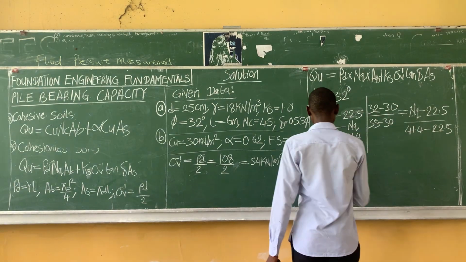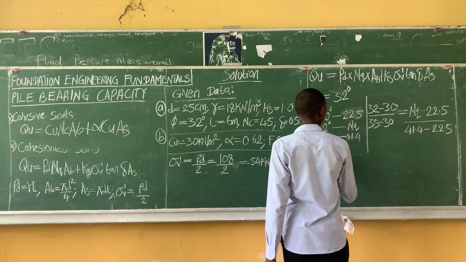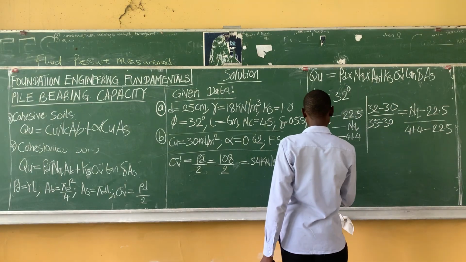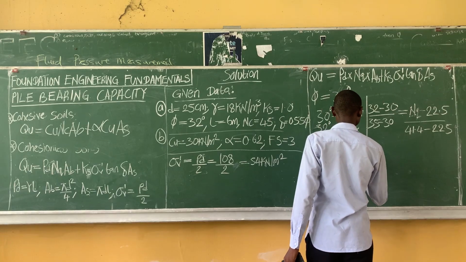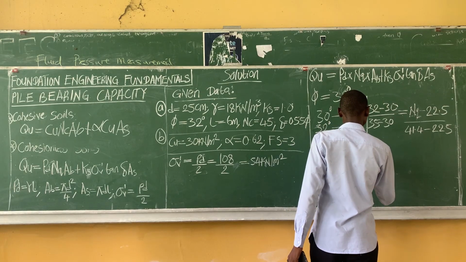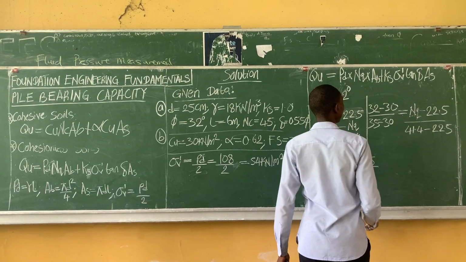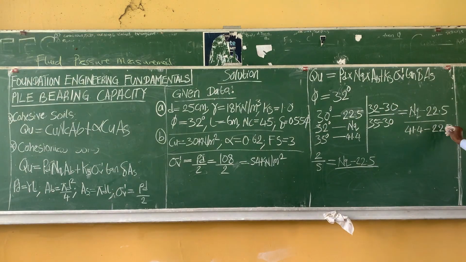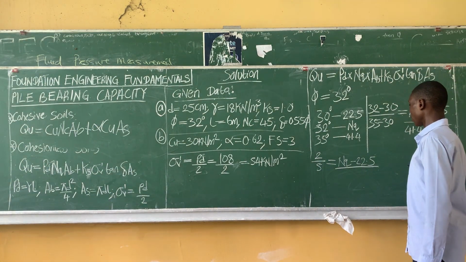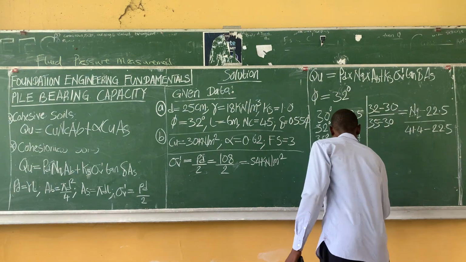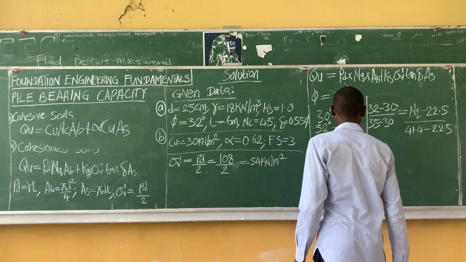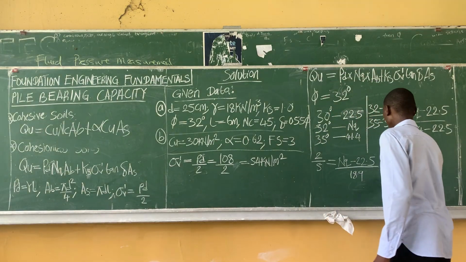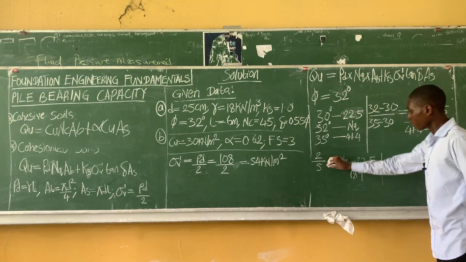So 32 minus 30, we have 2 all over 35 minus 30, 5 is equal to NQ minus 22.5 all over 41.4 minus 22.5, which will give us 18.9. Okay. So at this point, we can simply cross multiply.